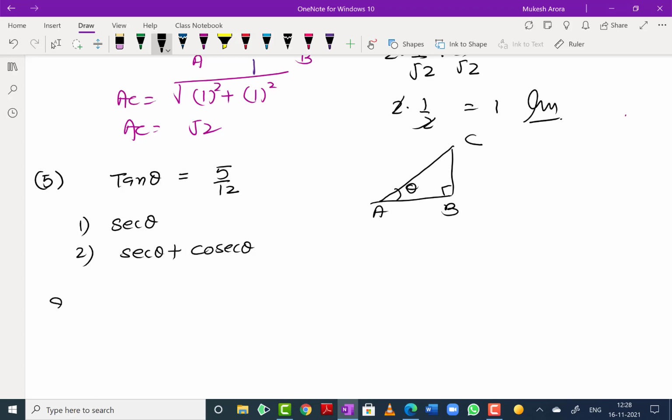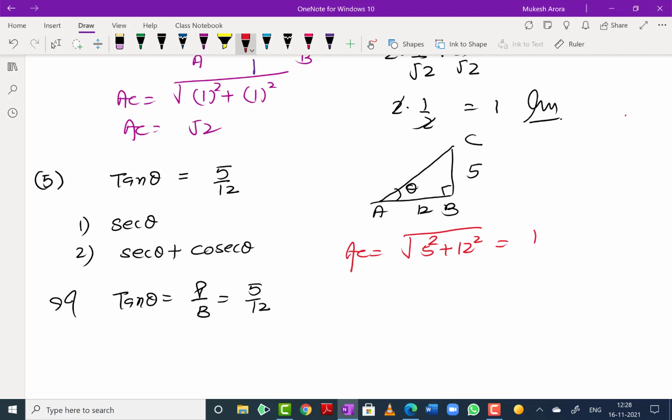So tangent theta is given. Tangent theta is perpendicular upon base, is 5 by 12. This is 5, this is 12. So AC will be 5 square plus 12 square under the root, 169 under the root, is 13.